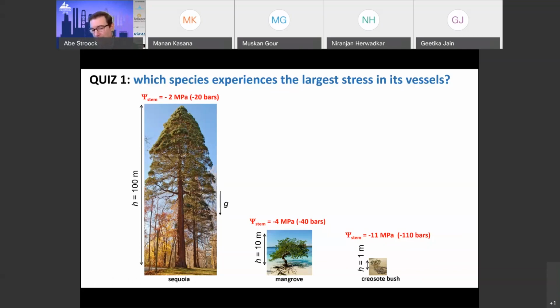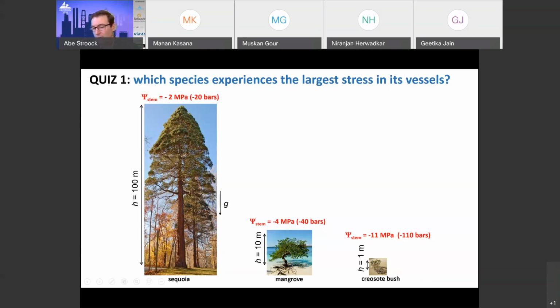Mangroves are fighting the osmotic stress of the brine, of the ocean water. Day and night, a mangrove must maintain a tug of war between nearly pure water in its vessels and 3.5 megapascals or 35 bars of osmotic pressure in the ocean.